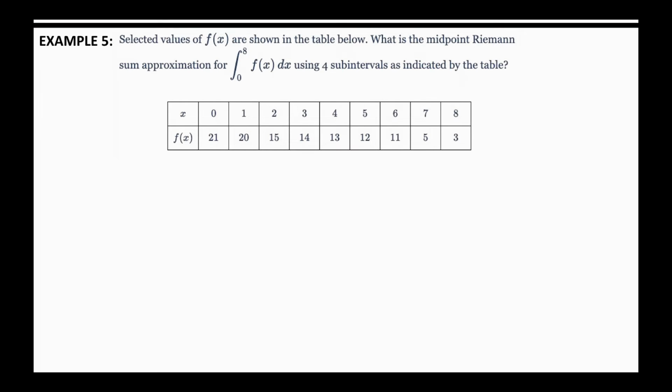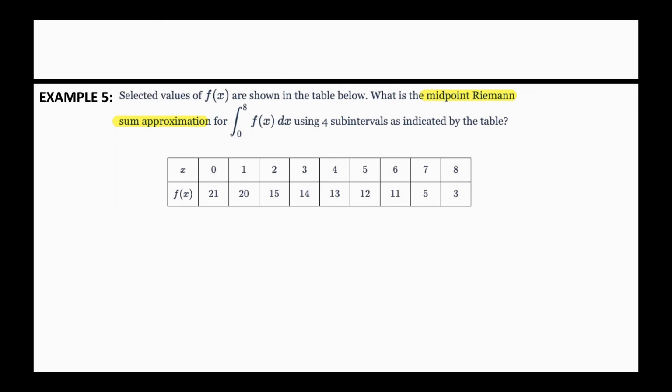Let me highlight some things. They want a midpoint Riemann sum approximation, that means rectangles, and that means they want us to use MRAM. They want us to use 4 rectangles.